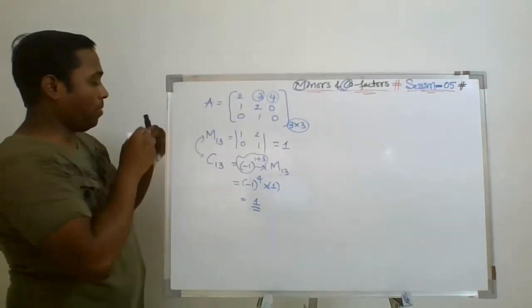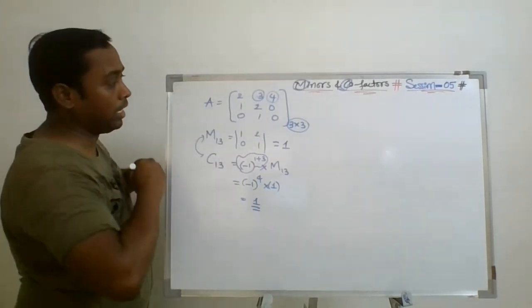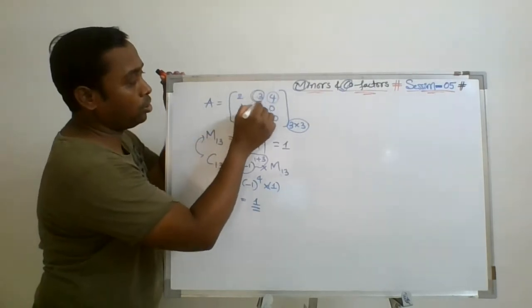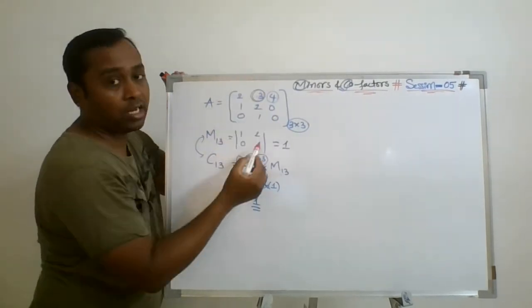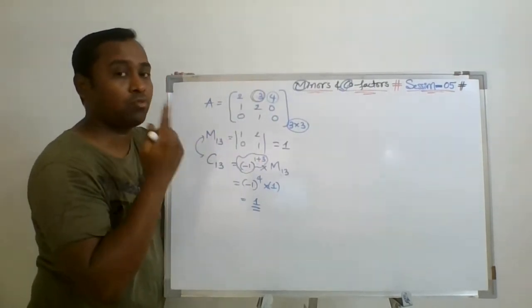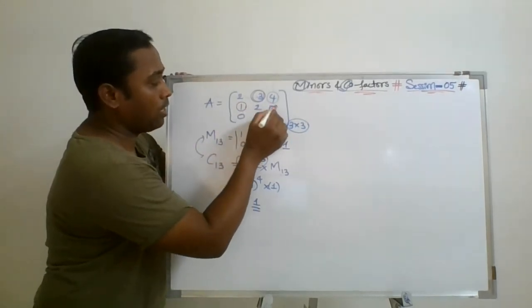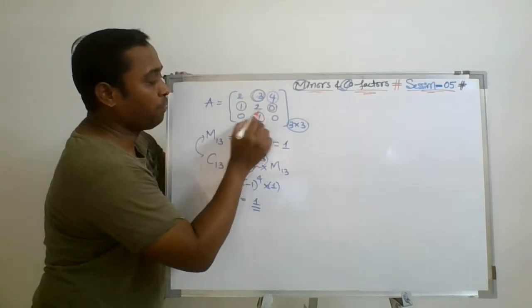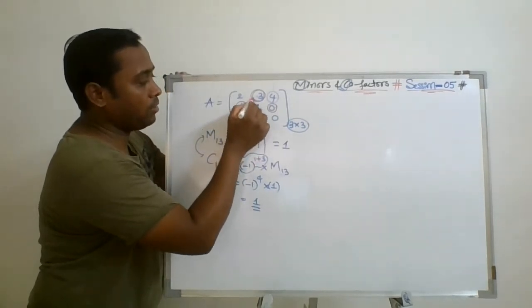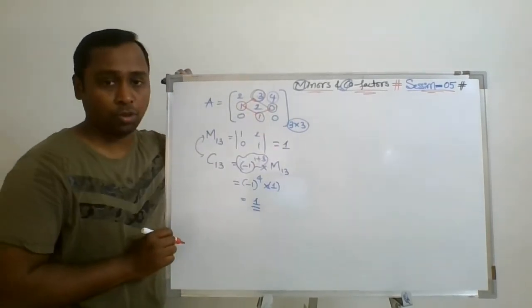The elements I am circling are in odd positions, like 3. Its position is odd: first row, second column, 1 plus 2 is 3, and minus 1 to the power of 3 is minus 1. Similarly the 1, 0 and 1, these four elements always have odd positions.